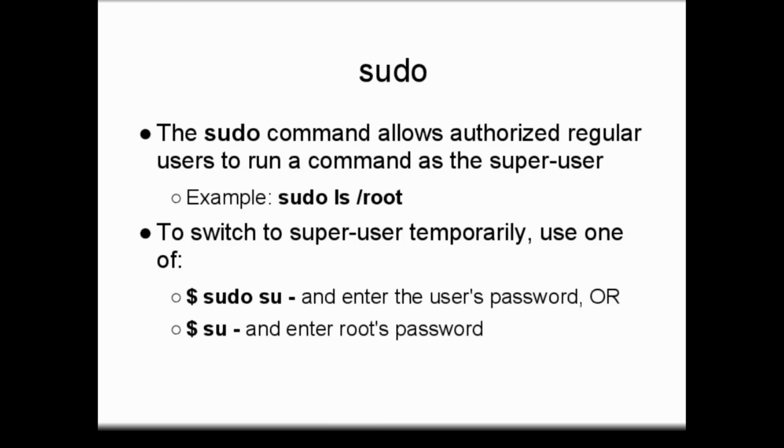To switch to the super user temporarily on one of these systems, sudo su - and entering the user's password would allow the user temporarily to become the root user, even if the root account is disabled. On systems where the root account is enabled, su - has the same effect, except that root's password must be entered instead of the user's password.